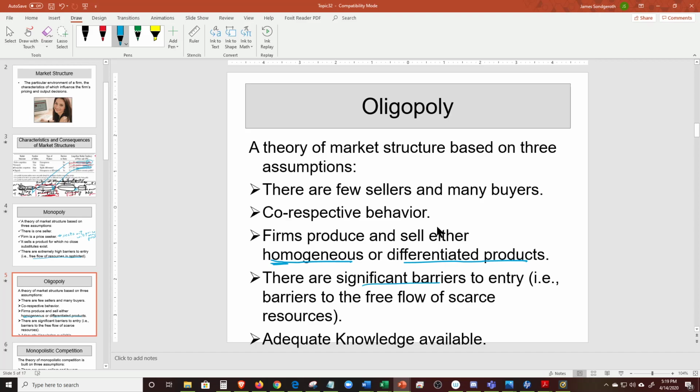There are significant barriers to entry. In other words, you would need huge investment in capital to produce steel or aluminum or maybe even electricity. And of course, we always assume that adequate knowledge is available, more so now than ever with the internet.